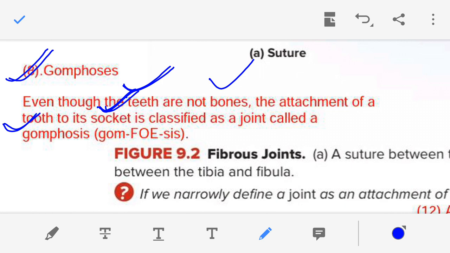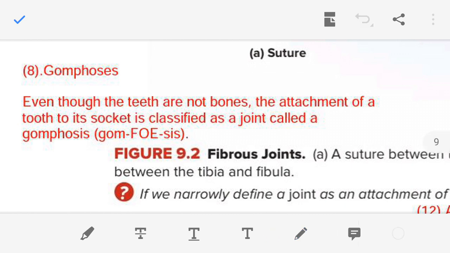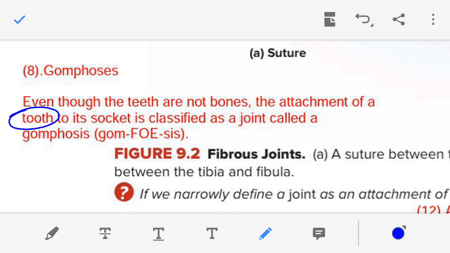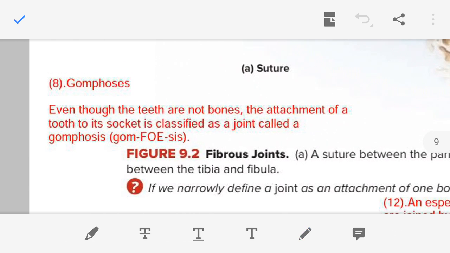Once again, our teeth are not bones, and they are fitted into the sockets of the jaw. So the joint between our teeth and the socket is known as the gomphosis.